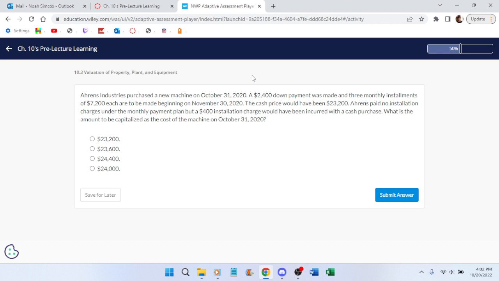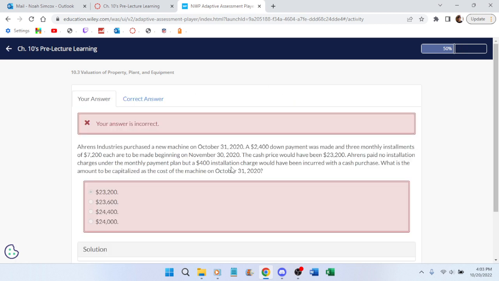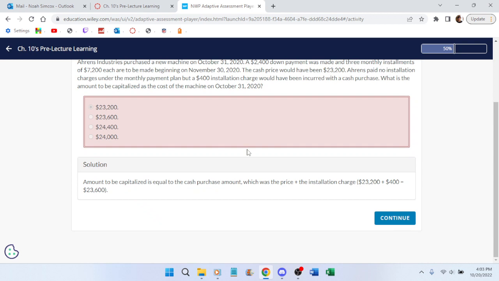The cost of the machine. Isn't it just this? Oh, come on. The price plus the installation charge. The price plus the $400.